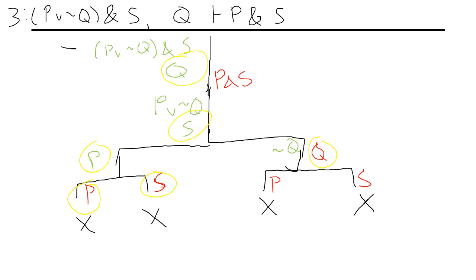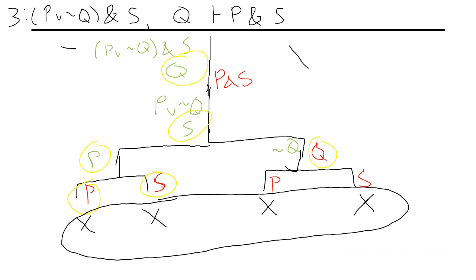So this one should have been relatively easy, not too much going on here, not too spread out or too many branches, but as you can see, we have them all closed off, so that means that this is a valid sequence.